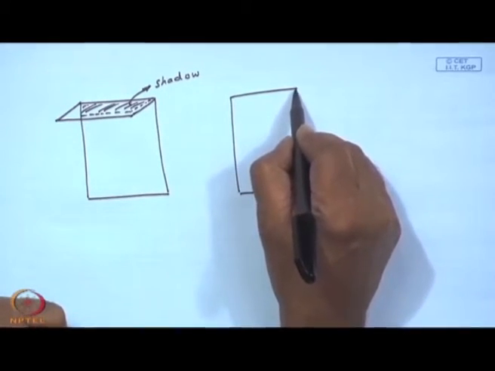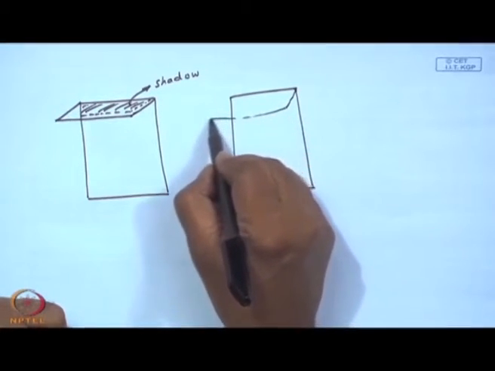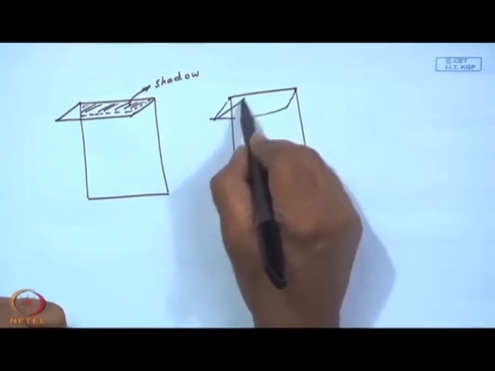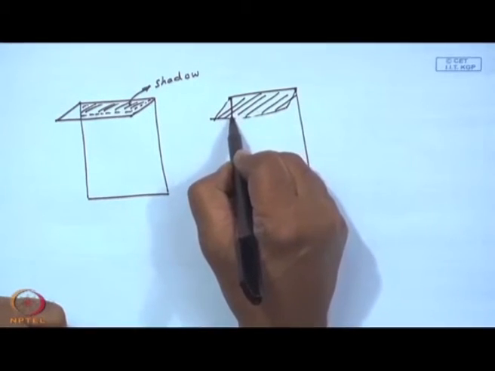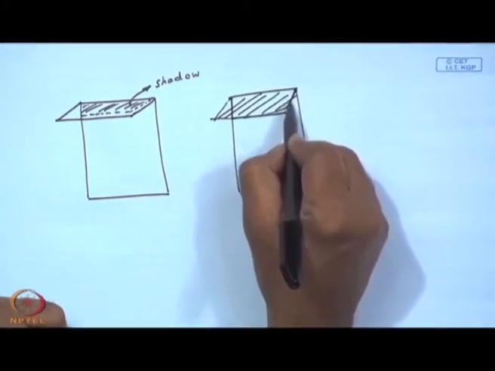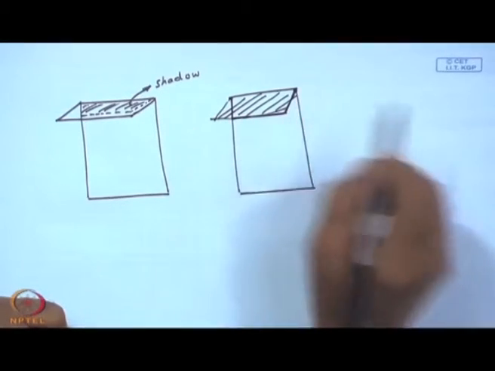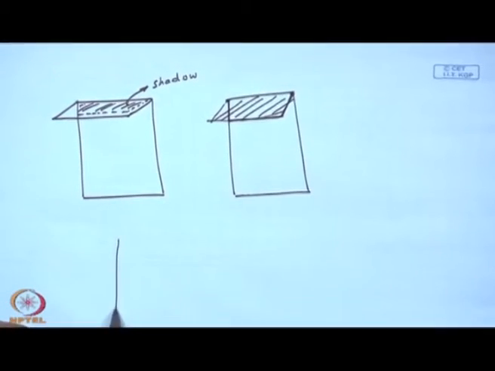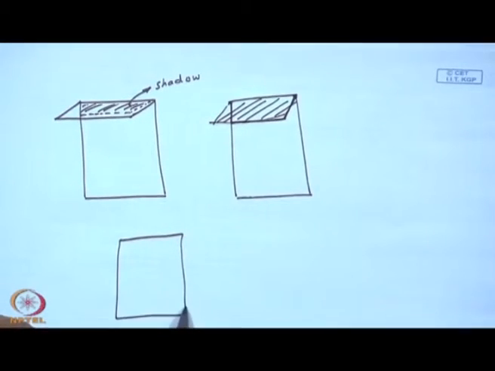So, you may have a shadow something like this, out of which this is the area of the window that is shaded, right? Or I may have, for example, a perfect rectangle.